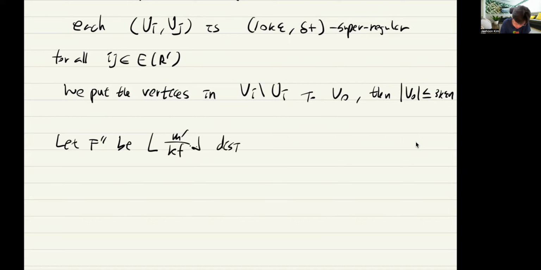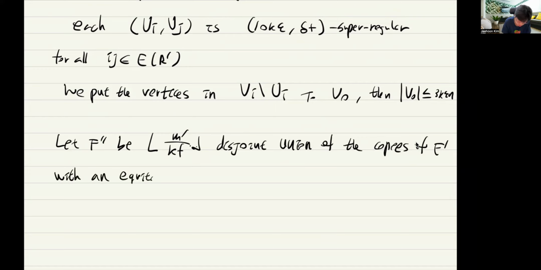This many disjoint copies of F prime, with an equitable partition X prime 1 to X prime K.